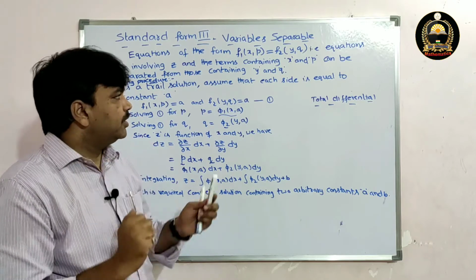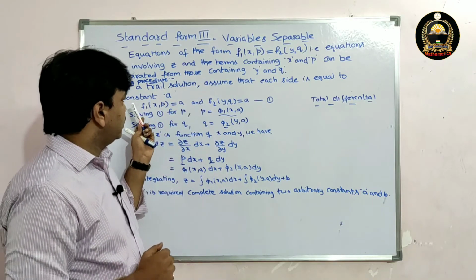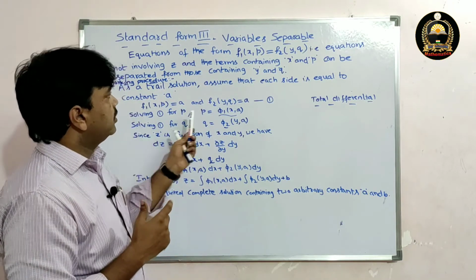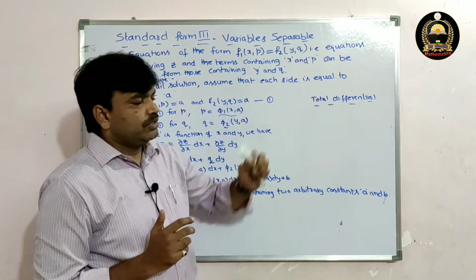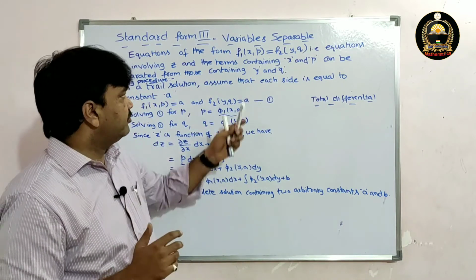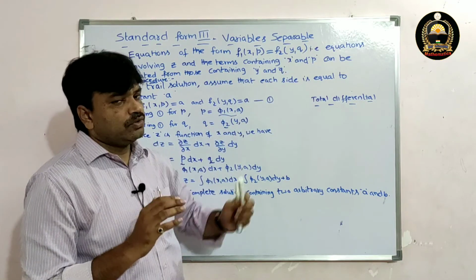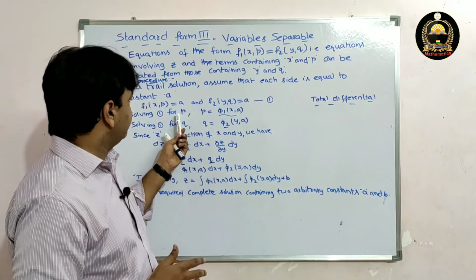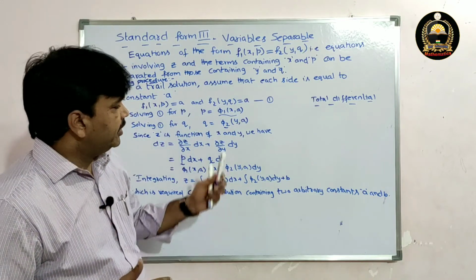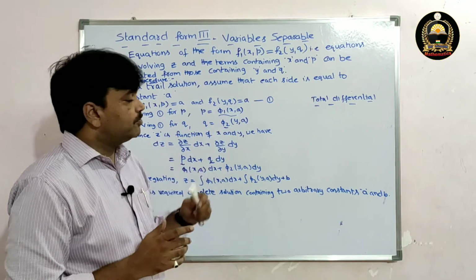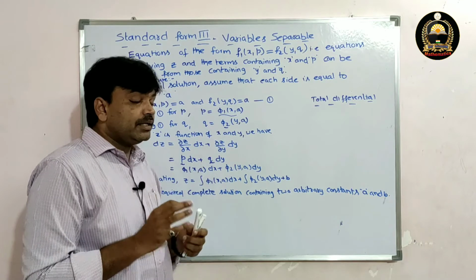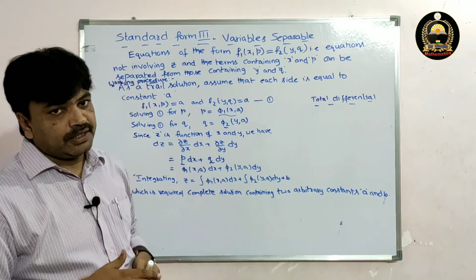To find a solution, we make each equal to a. Then f1 of x comma p is equal to a, and f2 of y comma q is equal to a. Then write p in terms of x and a, similarly q in terms of y and a.